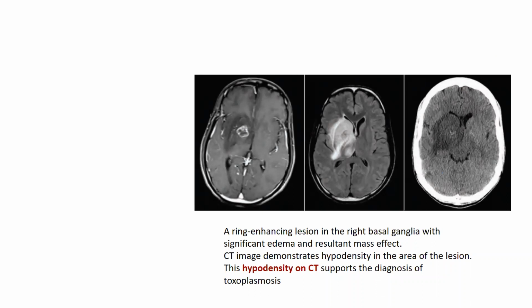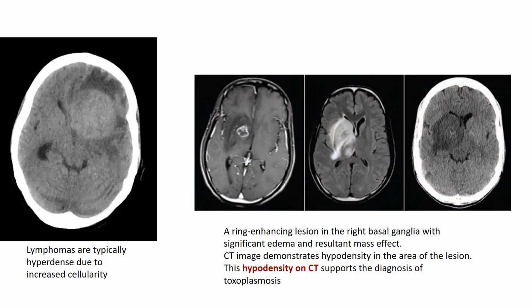You remember me talking in the last session, when you have hyperdensity, it indicates increased cellularity. So like neoplasms, in lymphoma, if you do a CT scan, there will be hyperdensity. So this is a lymphoma, and you can see that the CT is showing hyperdensity due to increased cellularity.